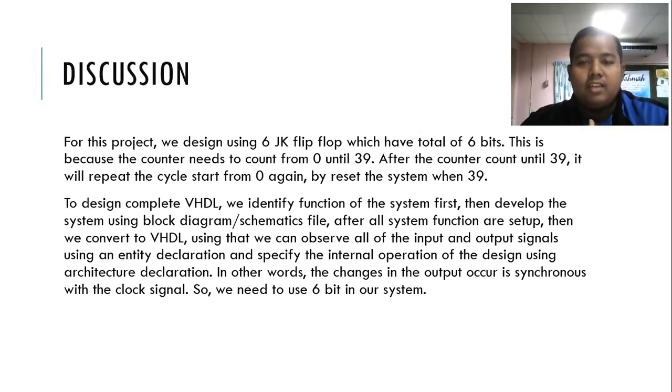After all system functions are set up, we convert to VHDL. Using that, we can observe the input and output signals using entity declaration and specify the internal operation of the design using architecture declaration. In other words, the change in the output occurs in synchronous with the clock signal. So we need to use 6 bits in our system.